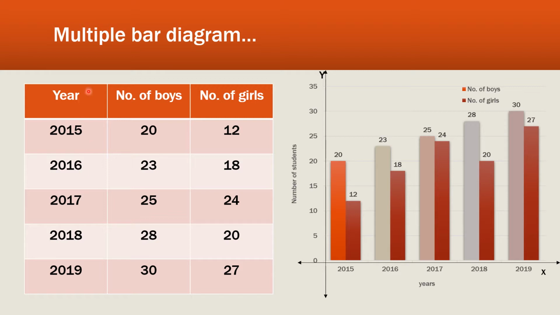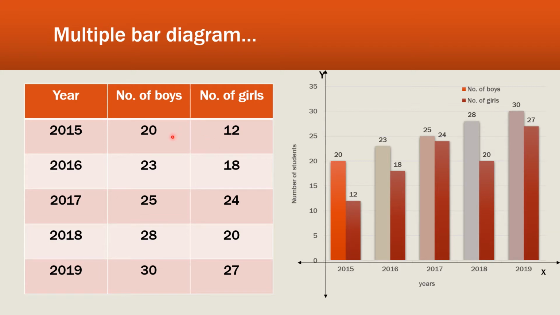What we do is we represent the years on the x-axis and the number of students on the y-axis. We don't need to put separately the number of boys and number of girls, because in the legend we are mentioning the color code: the lighter colored bars will stand for the number of boys and the darker colored bars would stand for the number of girls.